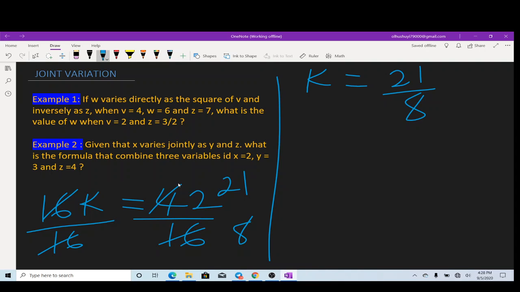That's our constant. The question now says find the value of W when V is equal to 2 and Z is 3 upon 2.